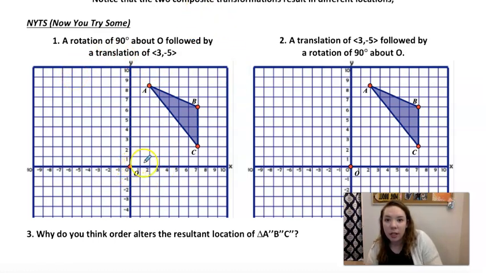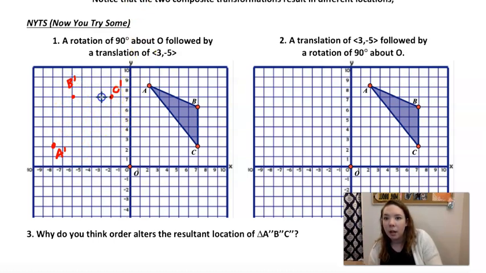Here this is 2, 8, so we would want negative 8, positive 2 for A prime. C is 7, 2, so we want 2, 7 for C prime. And B is 7, 6, so we want negative 6, 7 for B prime.